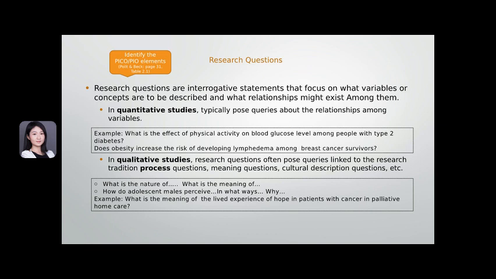In a qualitative study, sometimes more specific research questions evolve during the study. The researcher may begin with a focus that defines the broad boundaries of the inquiry. Identify the PICO elements from one of the examples on this slide and comment below.